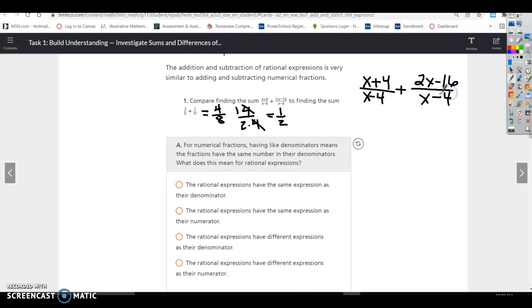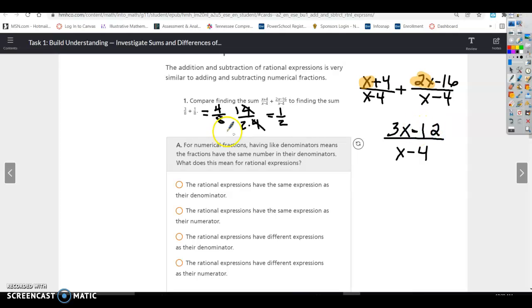Since they already have common denominators, we can keep the denominator and simply add the numerators. So you're going to add like terms. We have x plus 2x, which is 3x. And then we have 4 plus negative 16, which is negative 12.